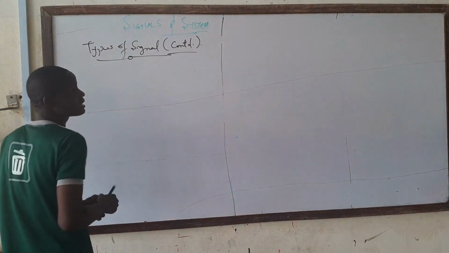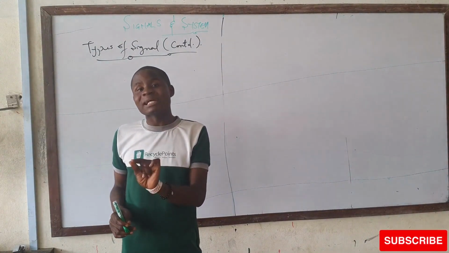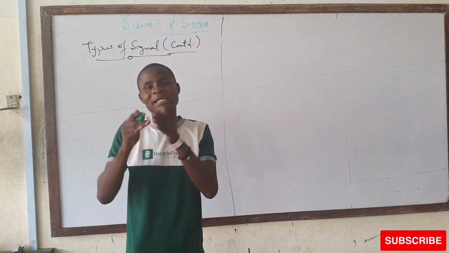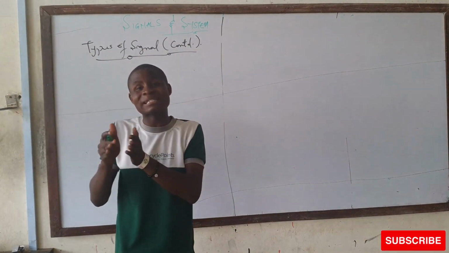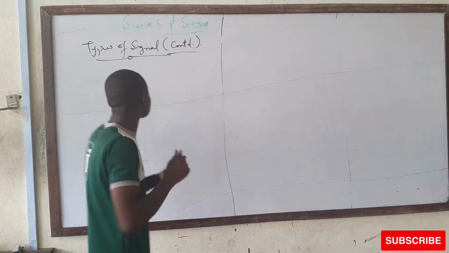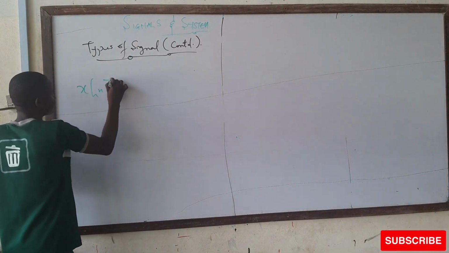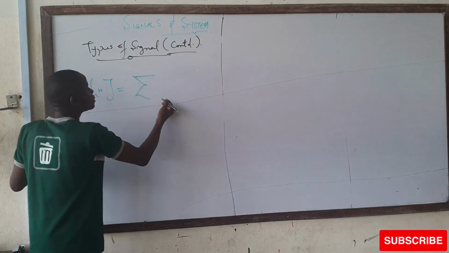A discrete time signal is a signal that only occupies a spectrum at a defined interval. That is, a discrete signal can be written as x of n, and we can write it in such a way that we have something like this.